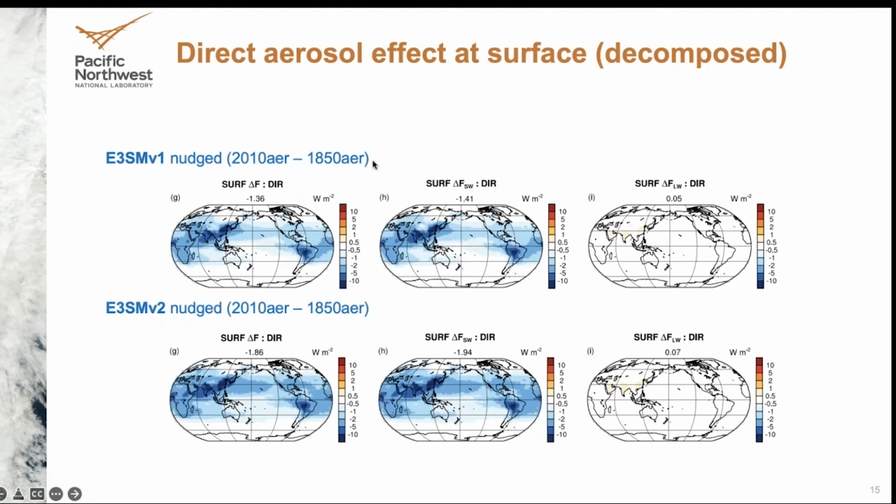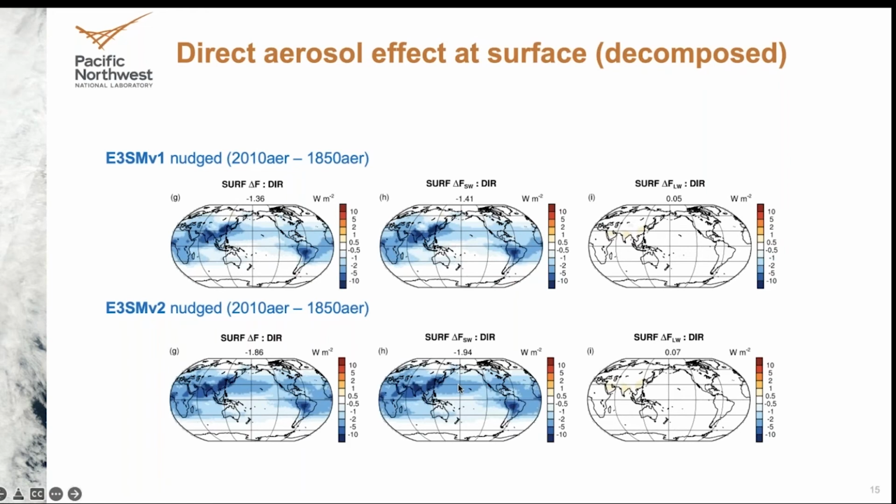As you can see, the top row is the V1 simulation and the bottom row is the V2 simulation. For the direct forcing, we see clearly in V2, the direct forcing at the surface increased significantly, about 0.5 watt per square meter. This is quite significant, and this will have a big impact on the surface temperature.